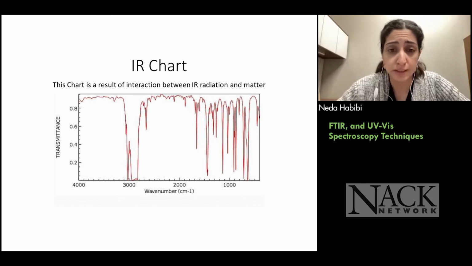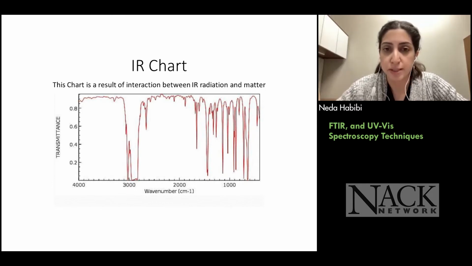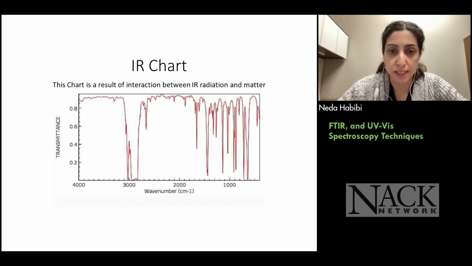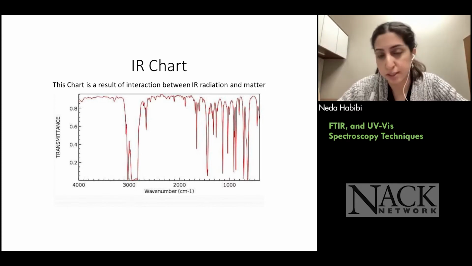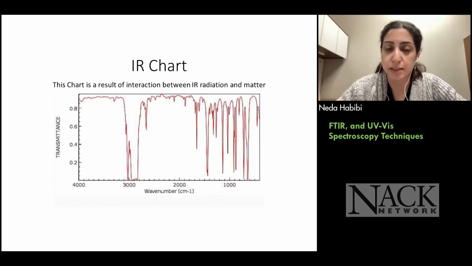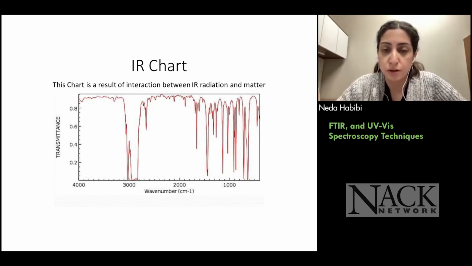All of these specific frequencies, specific peaks, are indicating absorption of a specific frequency by the bonds of that material. From the positions of these peaks, we can correlate them to specific bonds and guess what types of bonding, like carbon-hydrogen, carbon-carbon, carbon-oxygen, and whether it's a single bond, double bond, triple bond, and so on, because each bond will absorb IR radiation at a specific frequency.